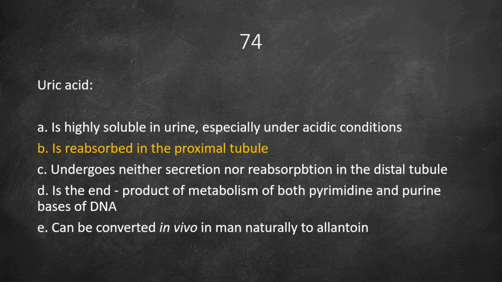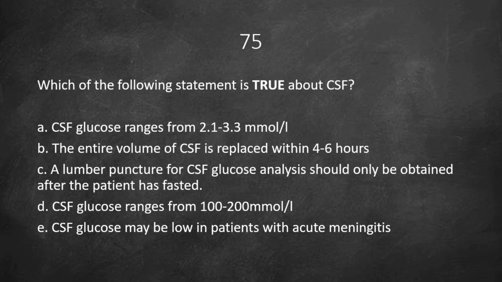Okay, let's move to question 75. That is our last question for the day, and then we finish. Which of the following statements is true about CSF? A says CSF glucose ranges from 2.1 to 3.3 millimole per liter. B is saying that the entire volume of CSF is replaced within 4 to 6 hours.